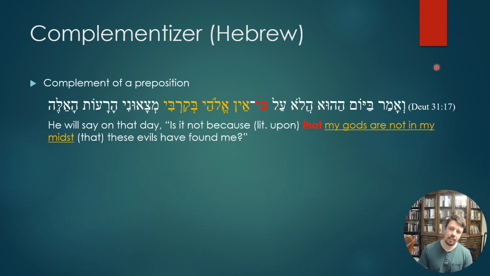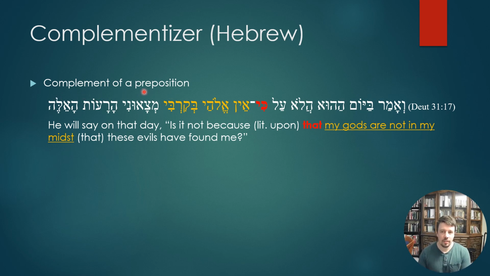And finally, we have Deuteronomy 31, where we have a preposition that takes the complementizer ki as its complement. So let's read. And he will say, on that day, is it not on that? So it's like on account of the fact that, or because my gods are not in my midst, these evils have found me.